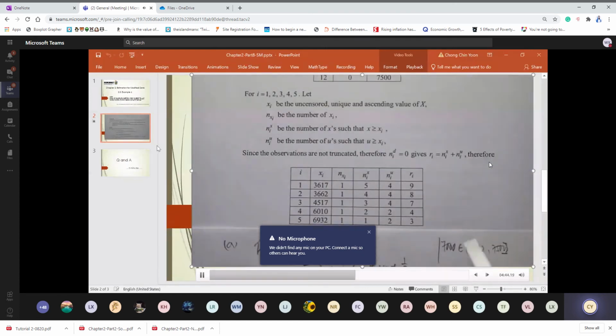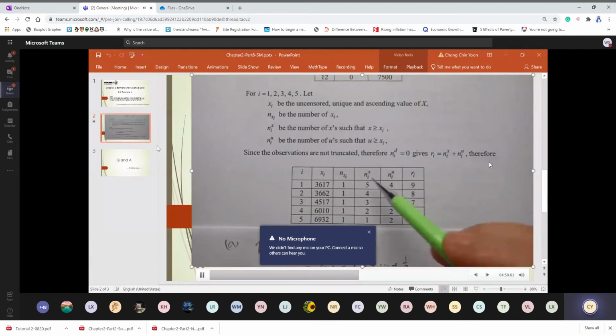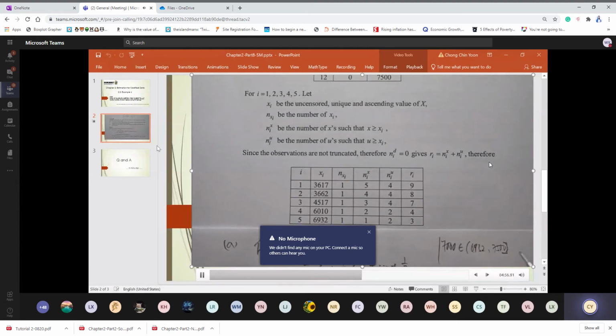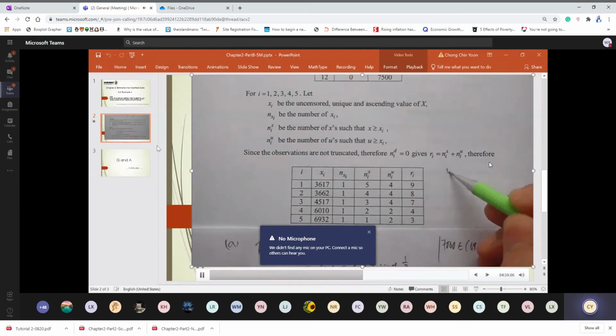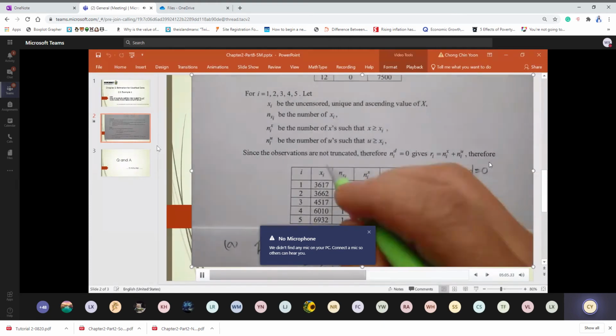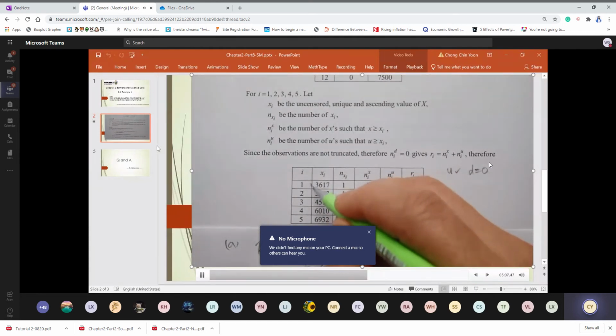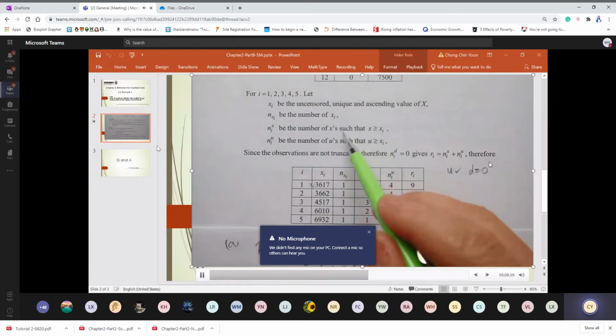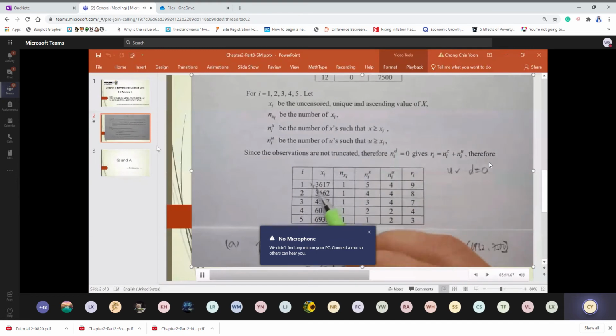So this new table that I convert to the X. Again, we have to calculate all the conditional frequencies for the X and U. For this question, we have the censored value, but we do not have the truncated value. If I choose this as my x1, then how many X values are more than 3617?